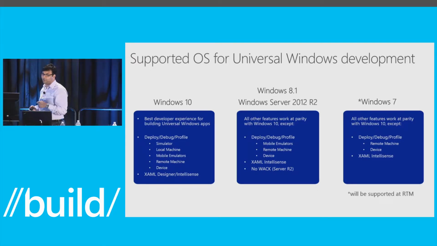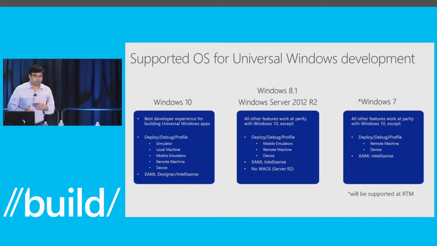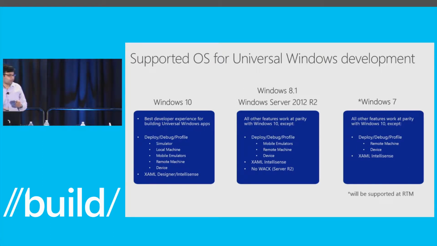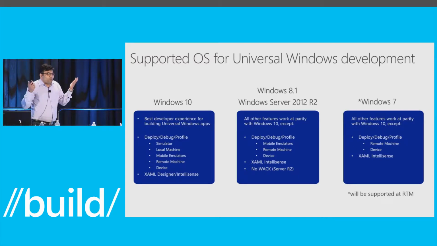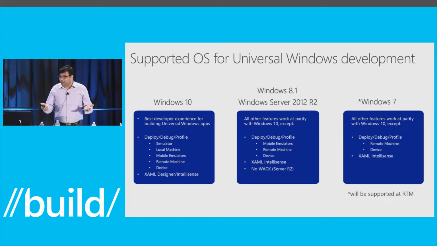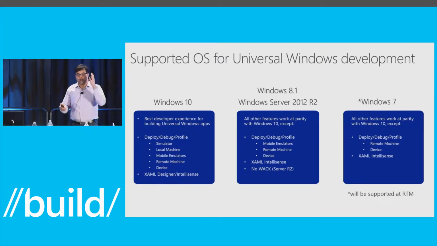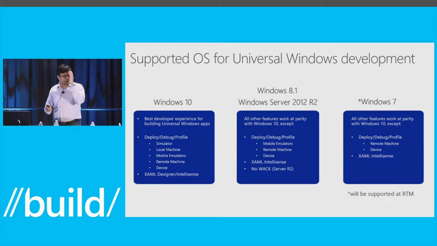And as I mentioned before, you will not have the XAML Designer experience on Windows 7 either, but you will be able to use XAML IntelliSense, right? So the message is, whichever OS you are running on, whether it's Windows 7, Windows 8.1, Windows Server 2012 R2, or Windows 10, you can download Visual Studio RC with Universal Windows tools and start building your universal application.